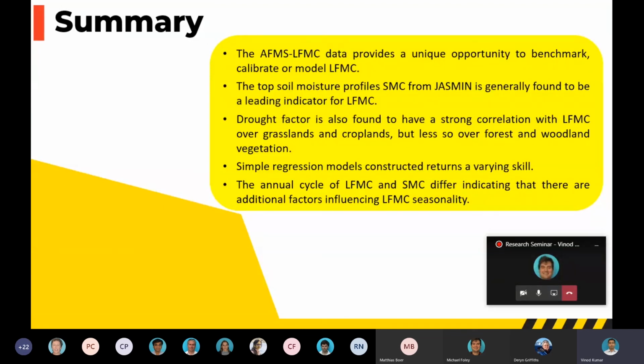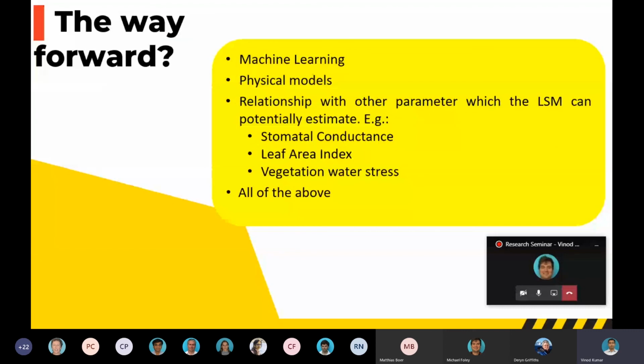So the way forward, like I said, this has been a small project, so we already did some preliminary analysis, but we only applied very simple regression models here. We could apply some advanced machine learning techniques and see whether some skill can be gained in that respect.